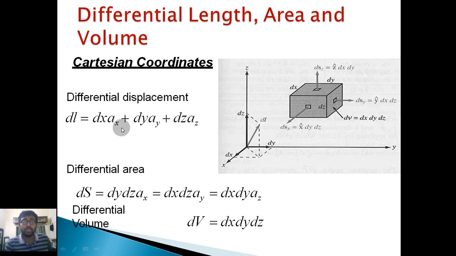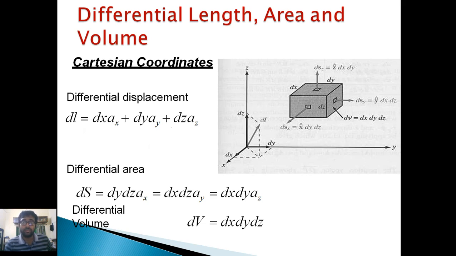It means that for any value of x, if we take a differential value of dx, we will add the value of x, the y and the z, and we will get the differential displacement value. Now if we take a summation of dx, dy and dz, this is the whole differential displacement value.